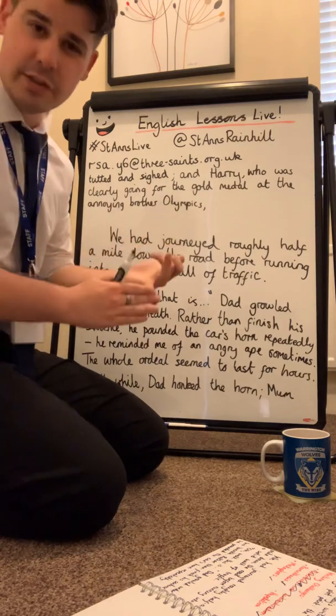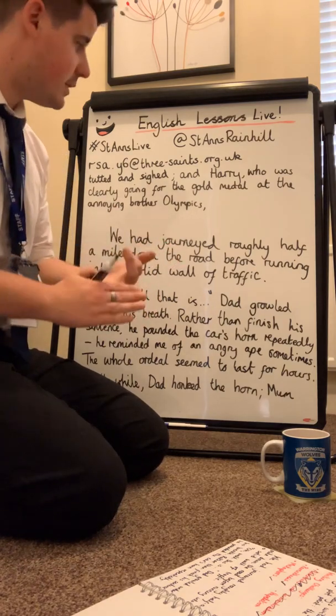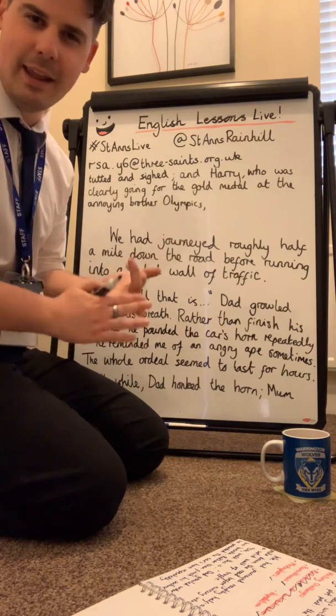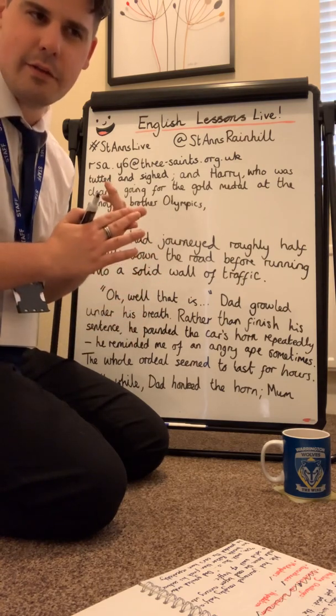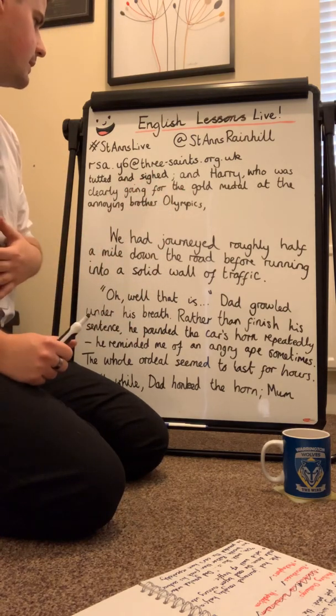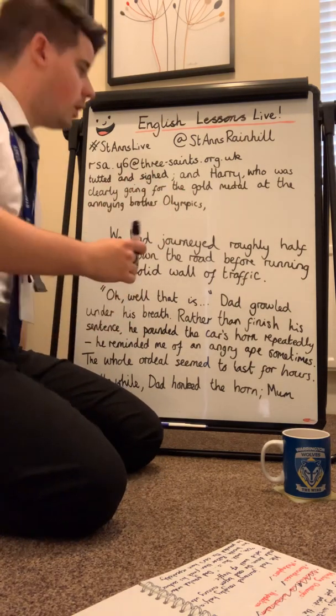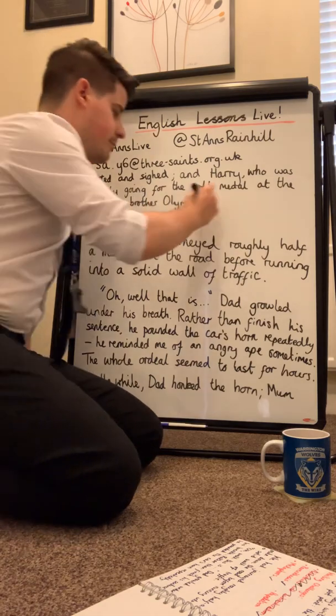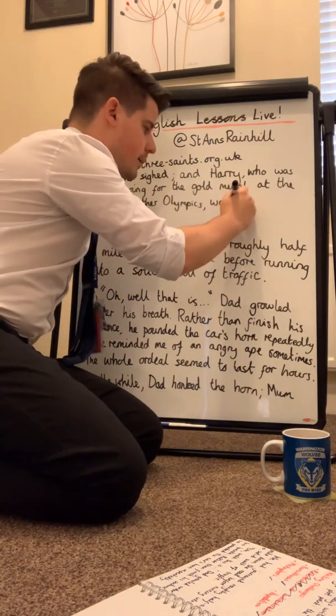Downside number one, does it slow the pace down? We'll find out in a minute. Downside number two, it doesn't quite link into our thematic theme, but it does describe Harry quite well. And Harry, who was clearly going for the gold medal at the Annoying Brother Olympics, was poking and prodding me.